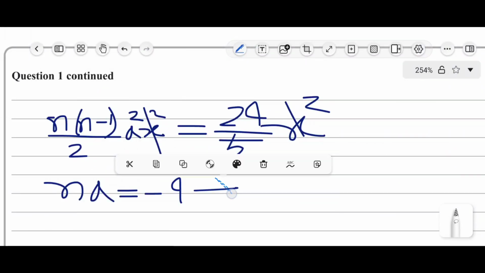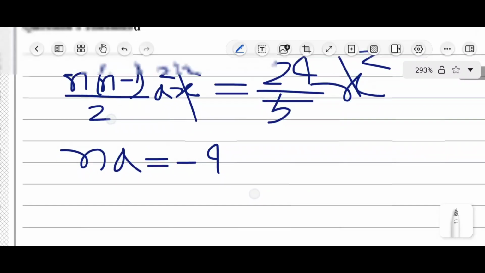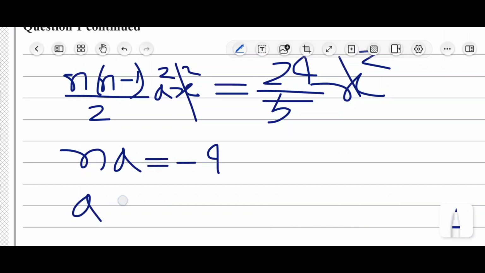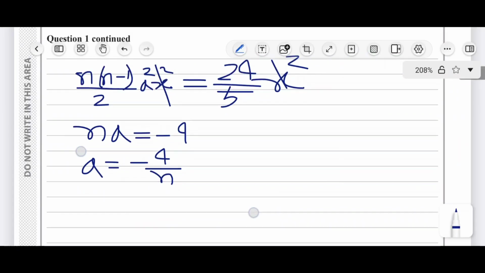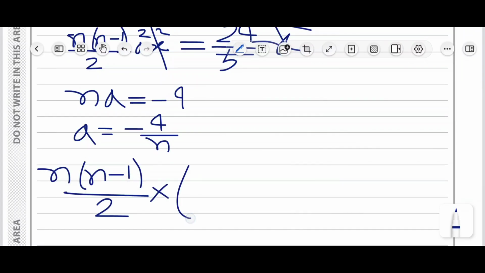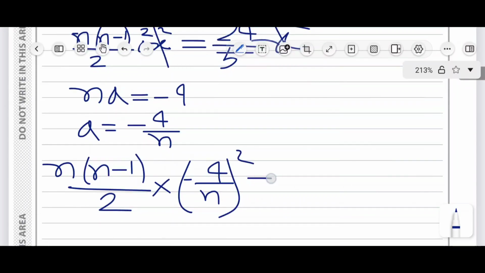So here I have to make a the subject. If I make a the subject here, I'll get minus 4 by n. So now I'll put this here all together: n into n minus 1 divided by 2, then multiplied by a squared, which is minus 4 by n whole squared, equals 24 by 5.